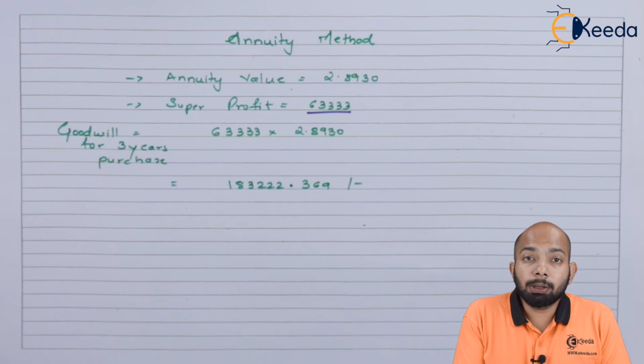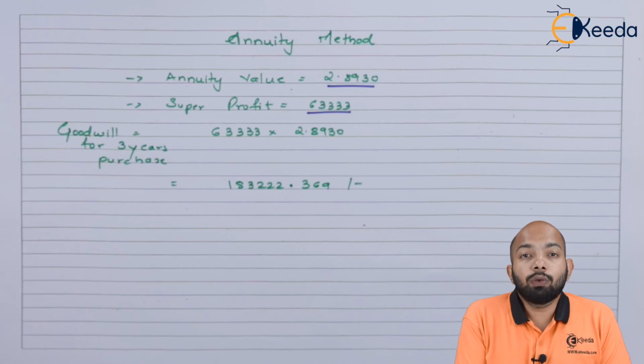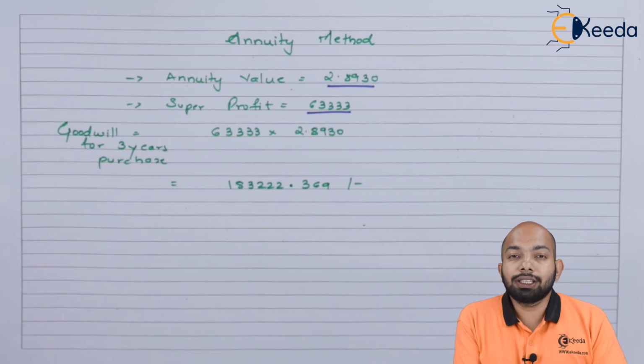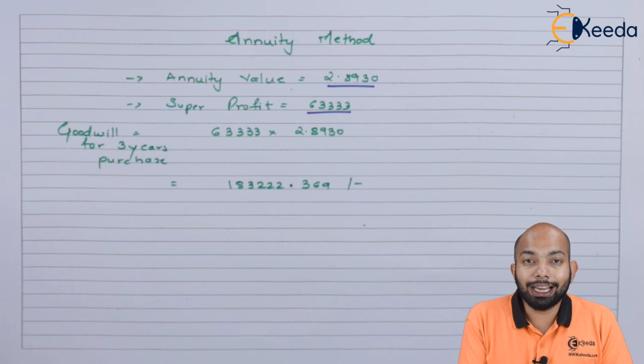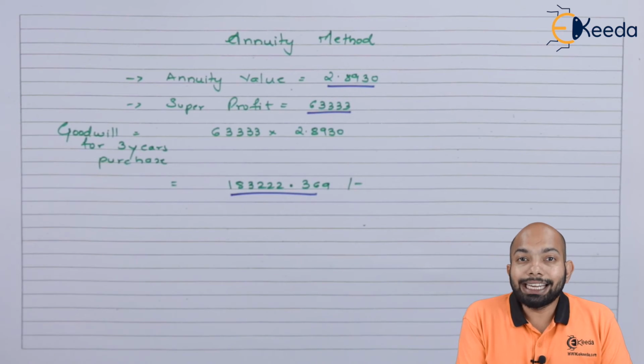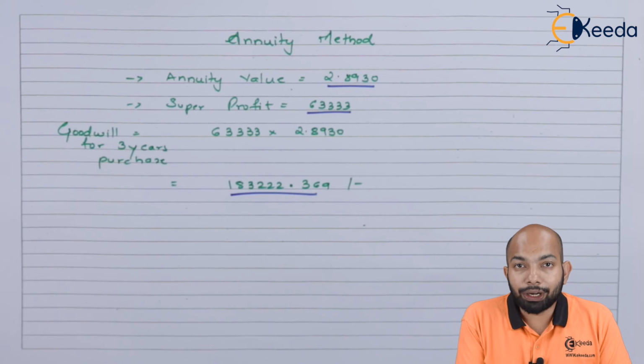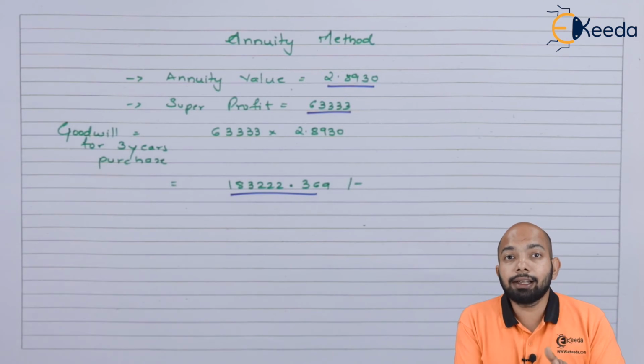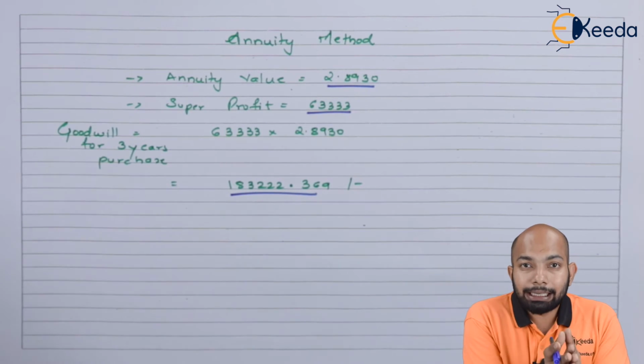The annuity value that has been mentioned is 2.8930 for 5 years purchase. So when you multiply 2.8930 by 63,333, you get a value of 1,83,222.369. So that is the value of the goodwill for 3 years purchase under annuity method. So we are done with the 3 methods now.